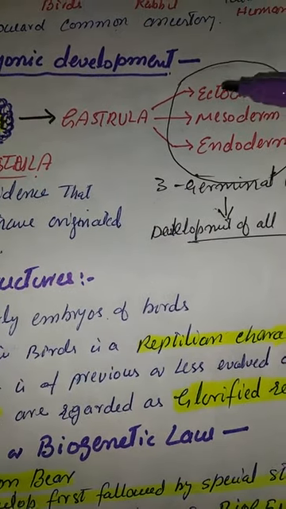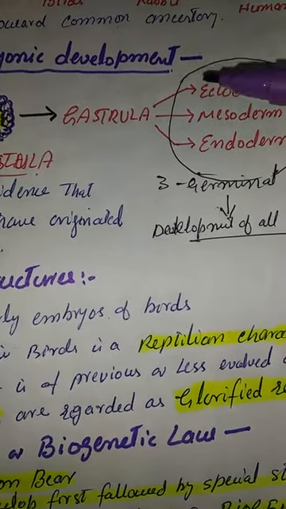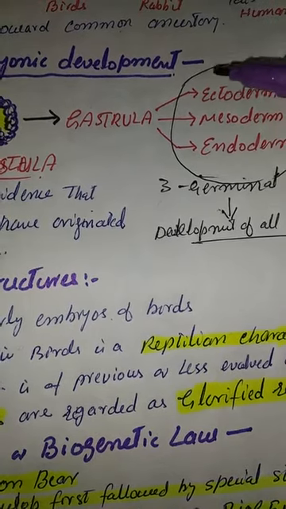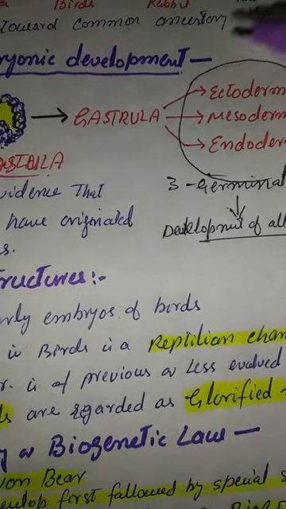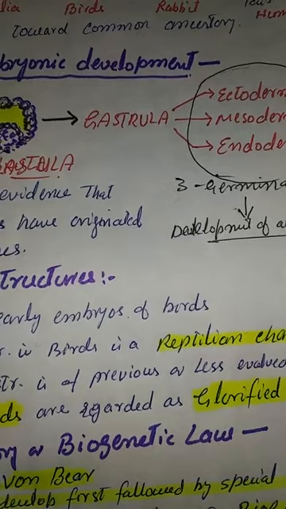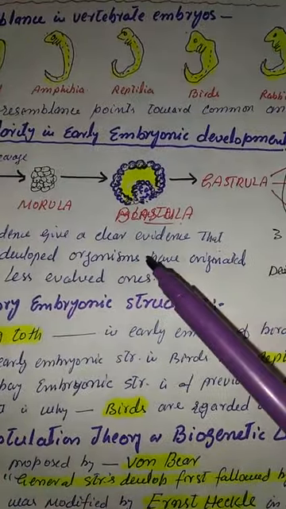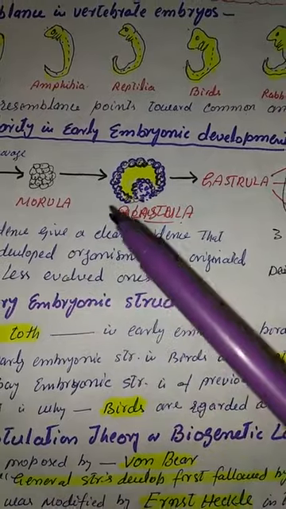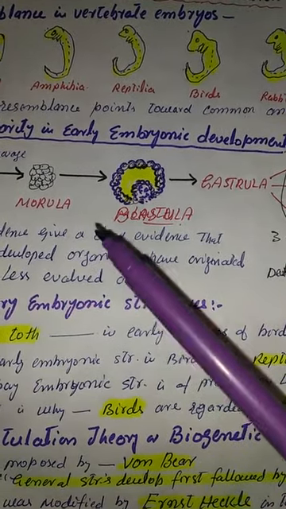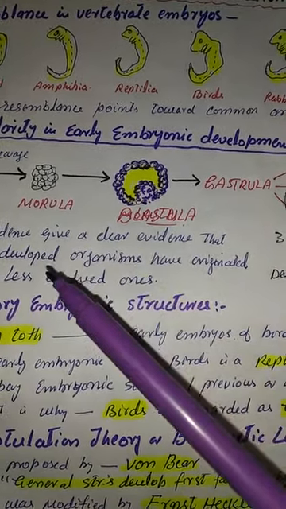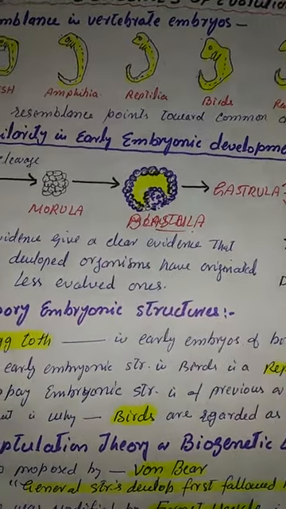And you already know that all the organs and organ systems of an organism develop from these basic germinal layers. Now, this example provides a clear embryological evidence that highly evolved organisms have originated from less evolved ones.